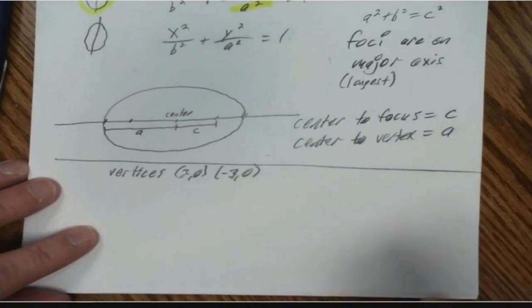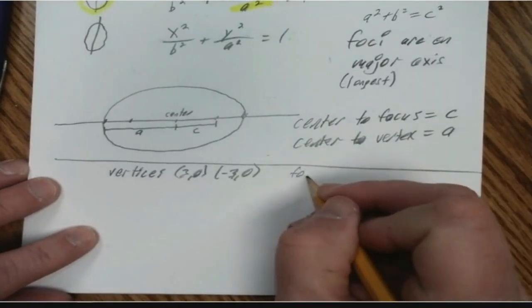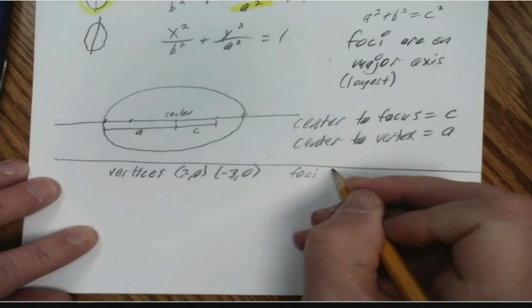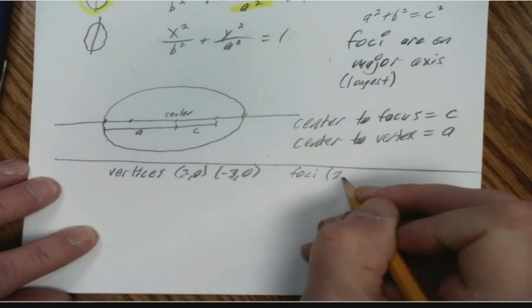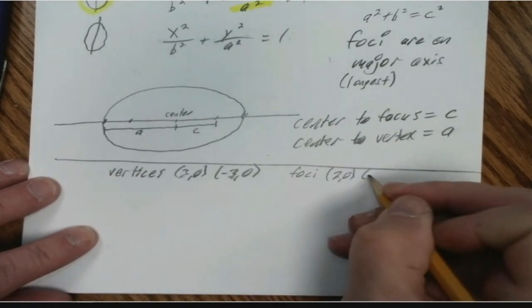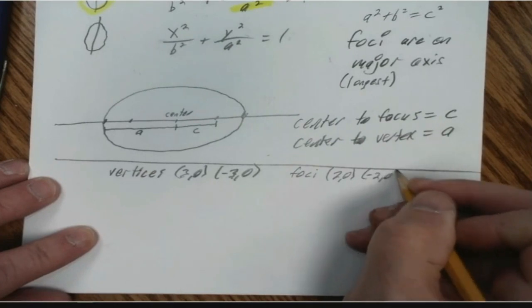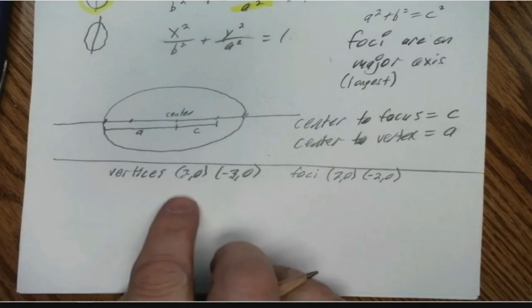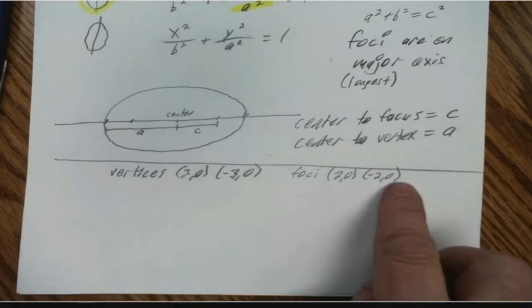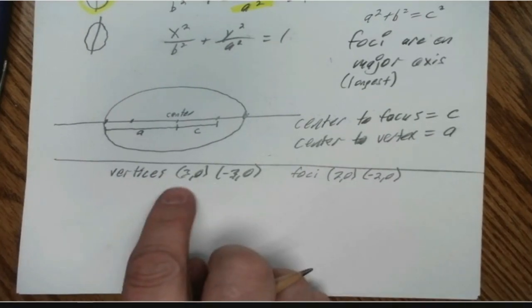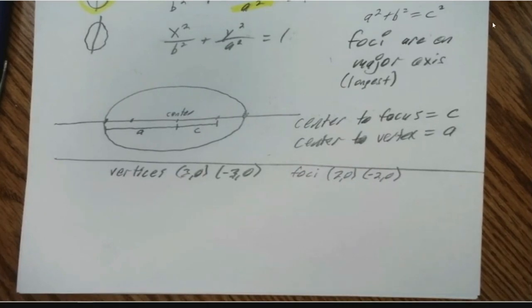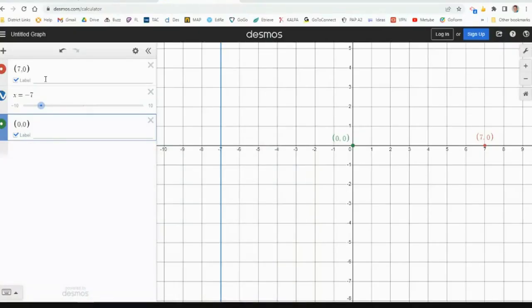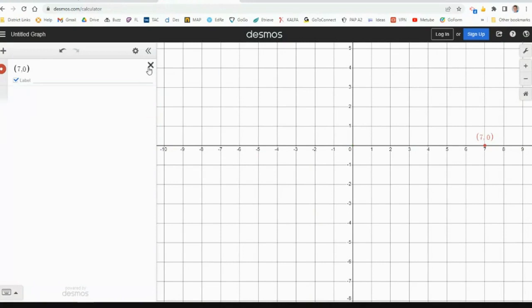And the foci, they're going to give us the foci points, are at 2, 0, and negative 2, 0. Okay, so since all these points are on the x-axis, we can look at that real quick.